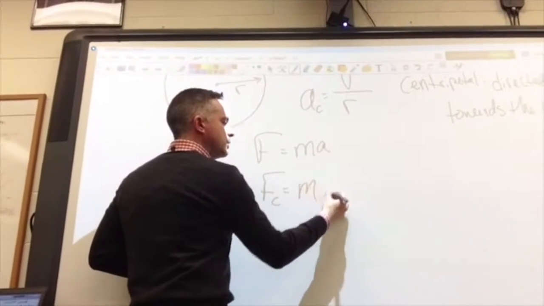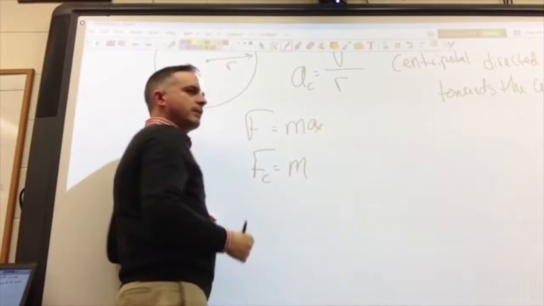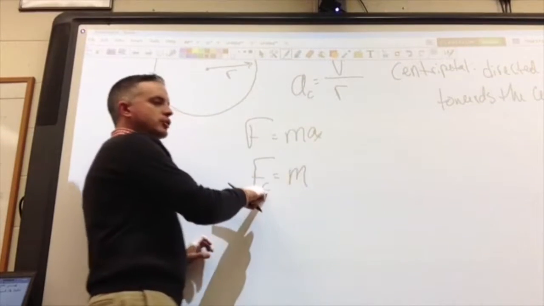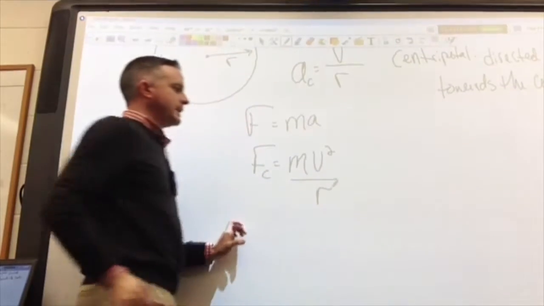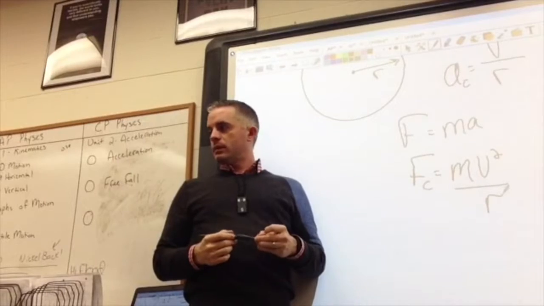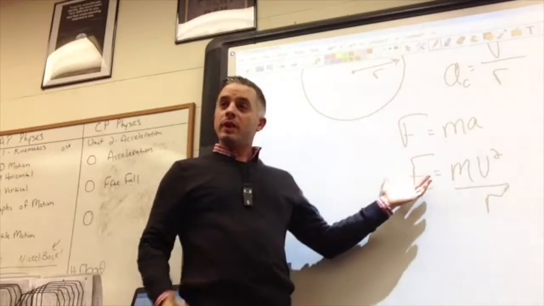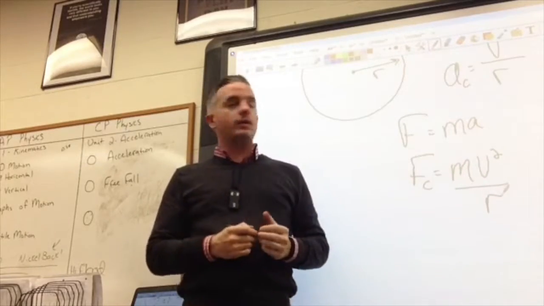All we're going to do is change this acceleration. Instead of calling it a, if we're talking centripetal force, we're going to replace that a with v squared over r. So pretty simple, right? If you want to find the centripetal force, just multiply the mass of the object times its acceleration.